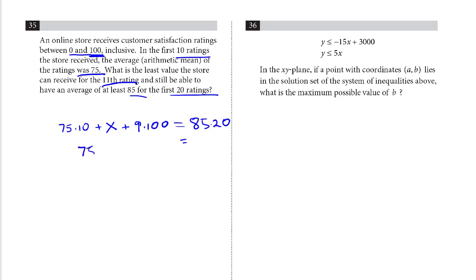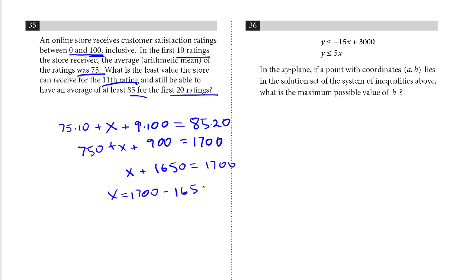So I have basically 750 plus X plus 900, the maximum possible score of those last 9, should equal the total of 1,700. I'll solve for X. Let's combine like terms first: X plus 1650 equals 1,700. X equals 1,700 minus 1650.